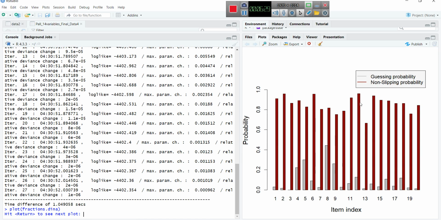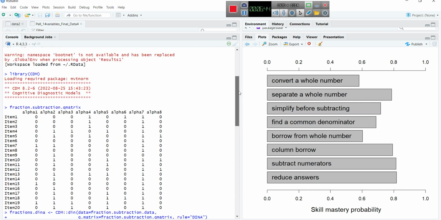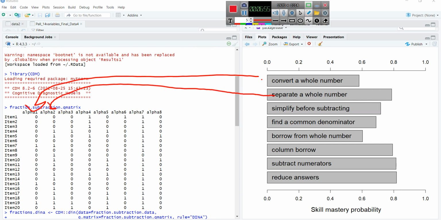For example, this is the item index plot for guessing and non-slipping probability, and these are the skills. This is the alpha 1 skill, this is alpha 2, and so on up to alpha 8.